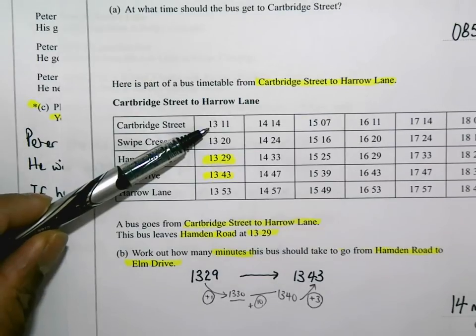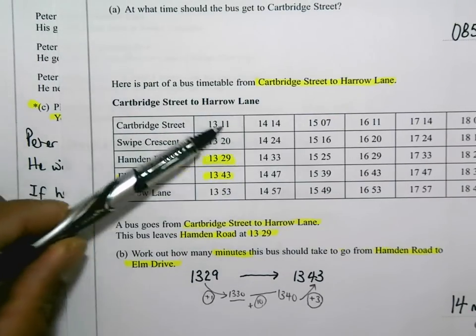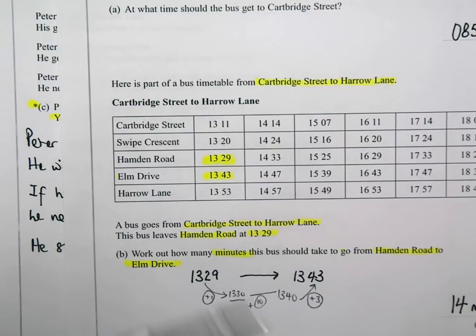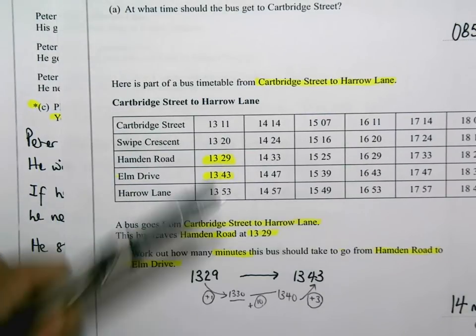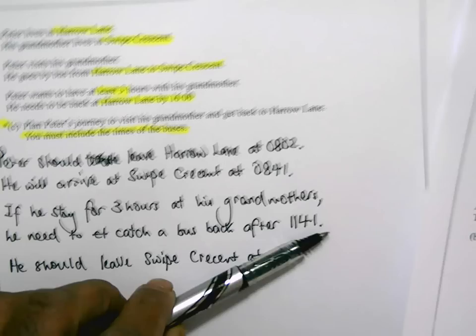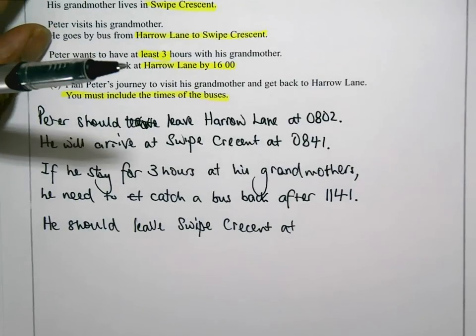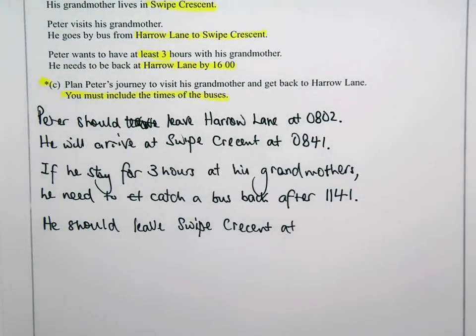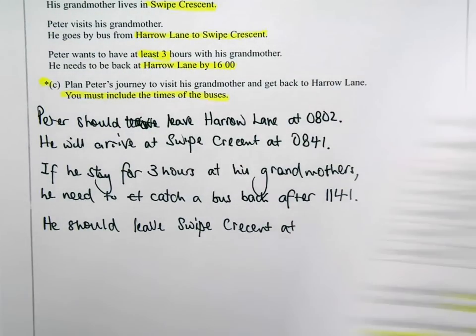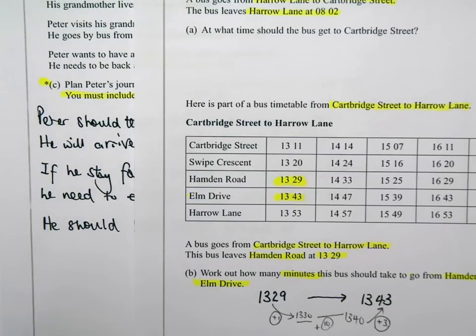So he could take any bus on this, because after 11:41, he'd be at his grandmother's for 3 hours. So this basically means he could take any of these buses, right?